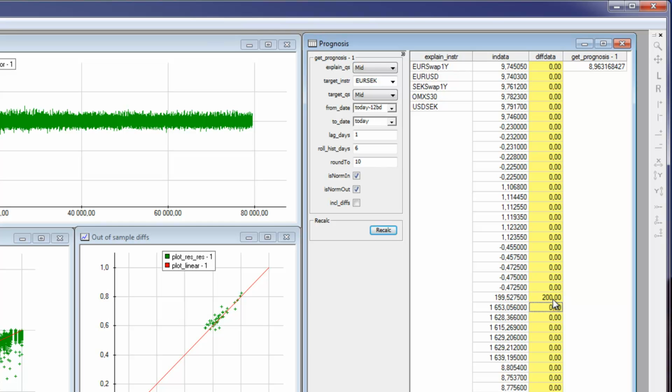So we can make a very big number on this interest rate, and then the exchange rate doesn't move beyond that. Again, this is a non-trivial example because we have a non-linear neural network model, so it's not reacting in a linear fashion.